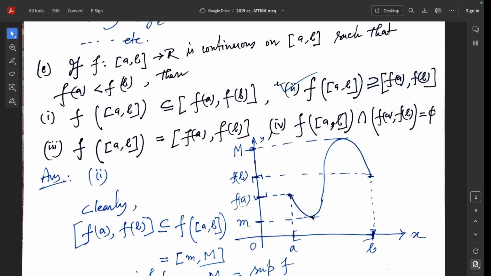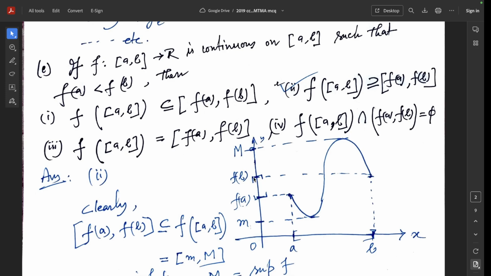So we can find the minimum value, the infimum of this curve within this interval, this small m, and this is the supremum, the maximum, the capital M here.